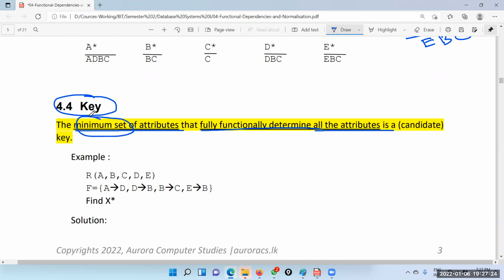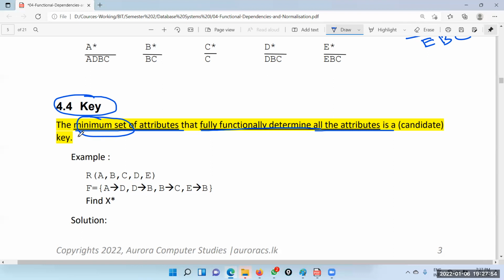If it is not the minimum, it is a super key. And there can be multiple minimum keys, and then we have multiple candidate keys. But it's very important that the set must fully determine all the attributes, and it must be minimal.